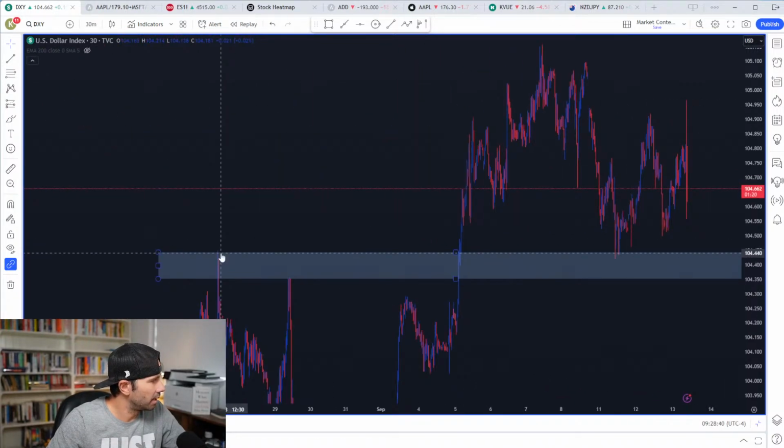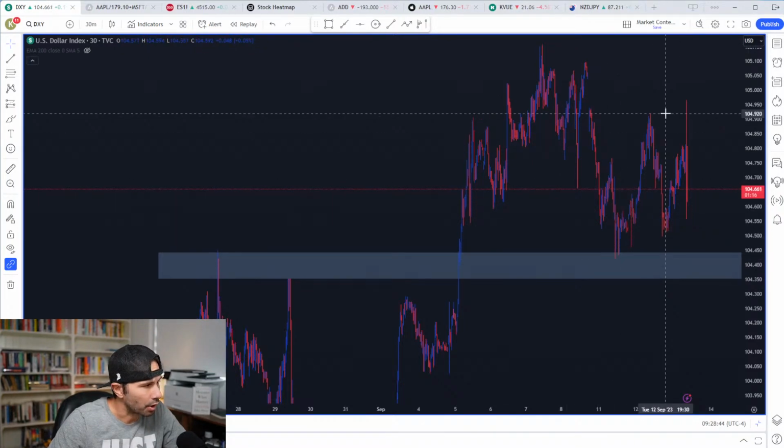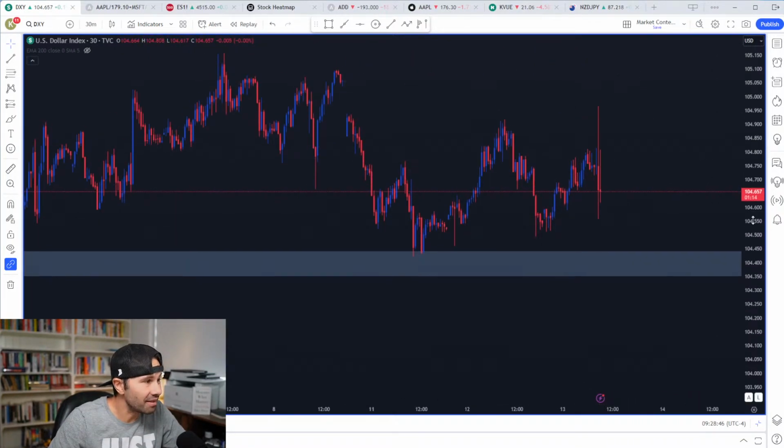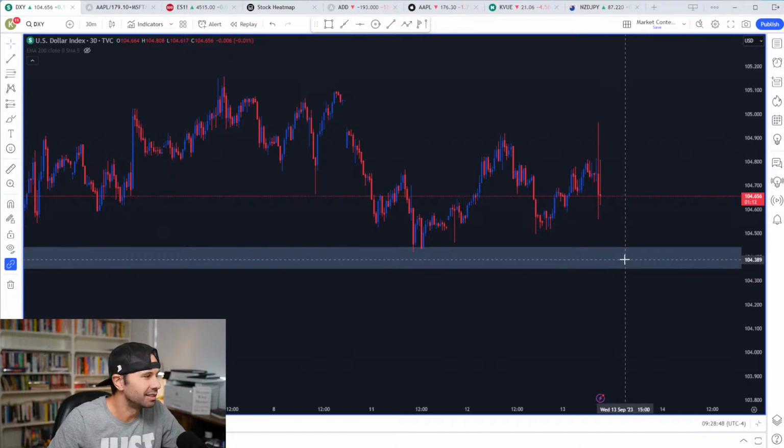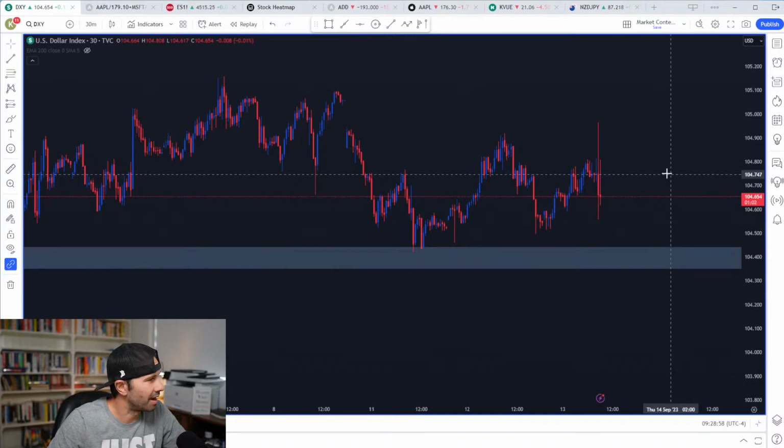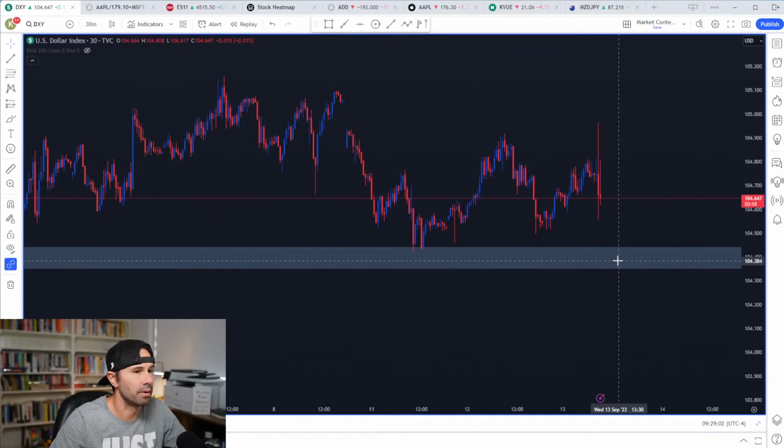This area, the break and retest worked partially. If the dollar comes back here, we might have some sort of retracement, but I will have to have the ES up in the 45-25 areas for this thing to be a high probability.